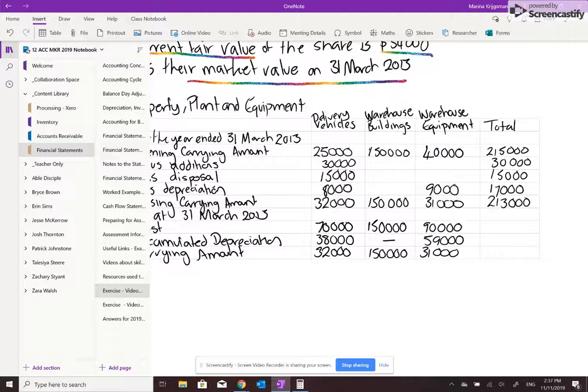So we had 70,000 plus 150 plus 90. 310,000. 38,000 plus.